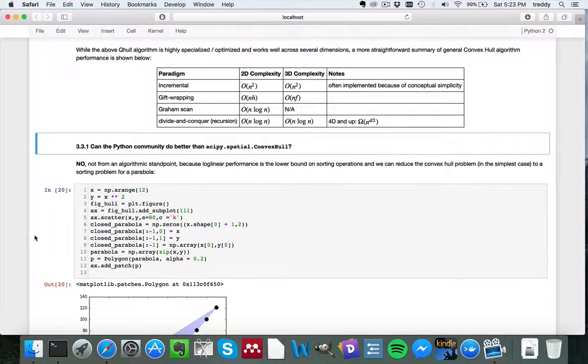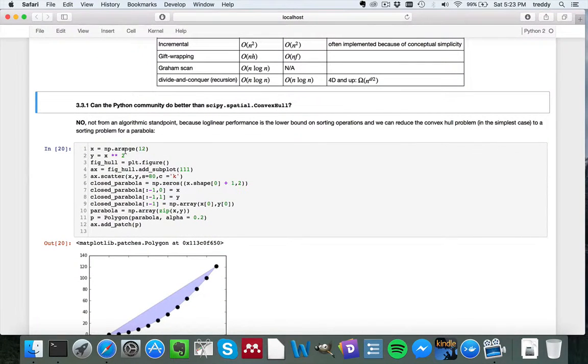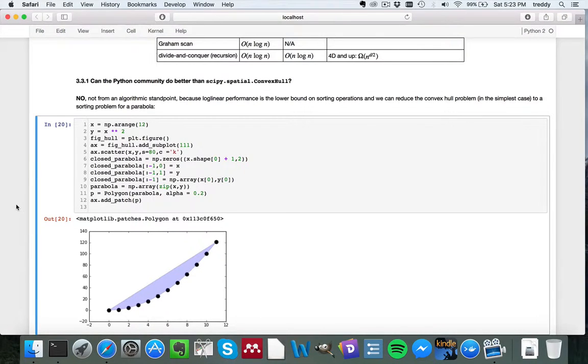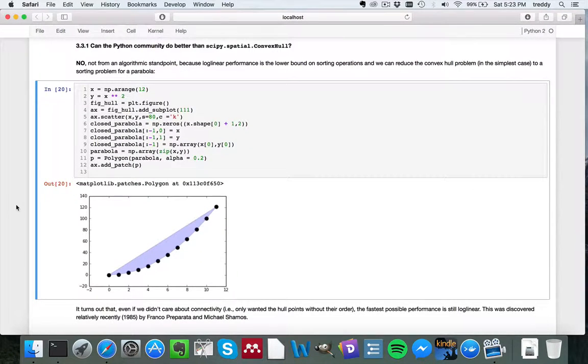So as I mentioned, yes, the Python community really can't do better in terms of the actual algorithm that's being used for scipy.spatial.ConvexHull. Rather than just taking my word for it, I thought I'd take this amazing example that I found in the textbook and demonstrate it using Python code, just producing a simple plot that shows that for this parabolic data set, so we have basically y equals x squared as the function, and just scattering about 12 different data points here, going from 0 up to 11, and then I'm just plotting the polygon in this case.